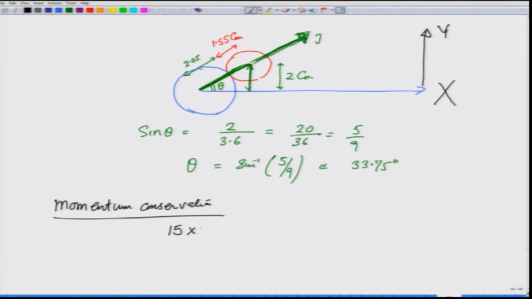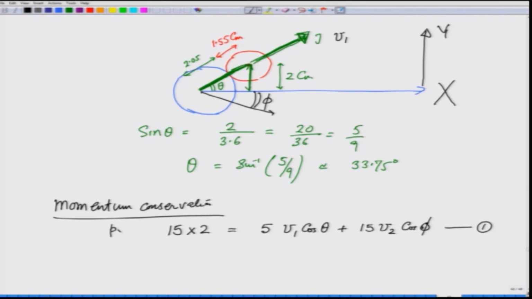So, 15 times 2 is the initial momentum in the x direction, is going to be equal to 5 grams is the mass of the coin, and suppose it moves with velocity v1, v1 cosine of theta plus 15 v2 cosine of, let us say striker now moves at an angle phi, cosine of phi. That is my equation 1.